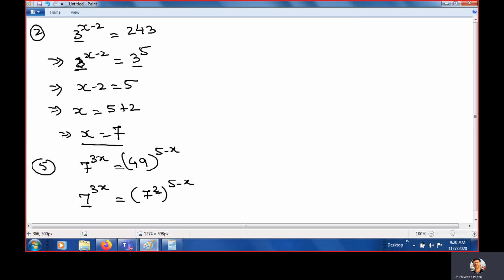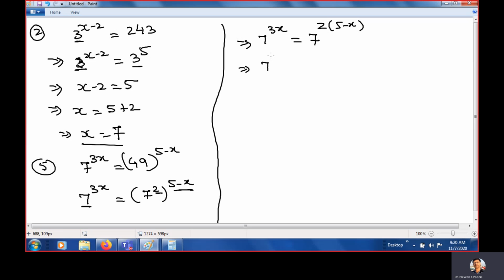Now you see here, exponent above exponent. So we have 7 power 3x, and the exponents are multiplied: 2 into 5 minus x. So 7 power 3x equals 7 power 10 minus 2x.